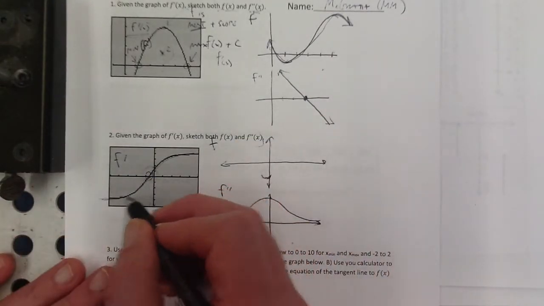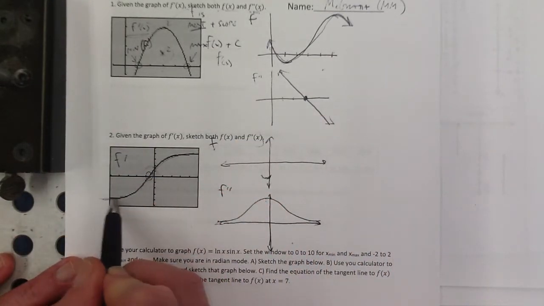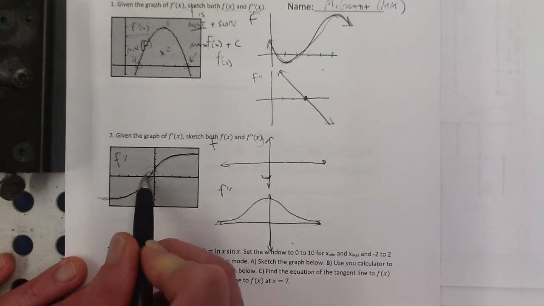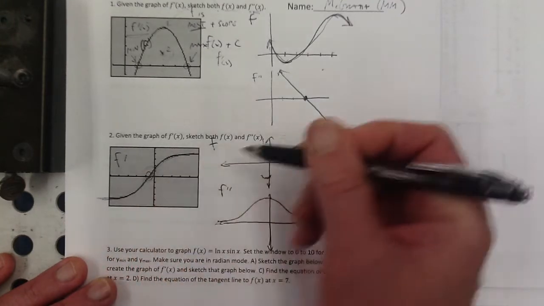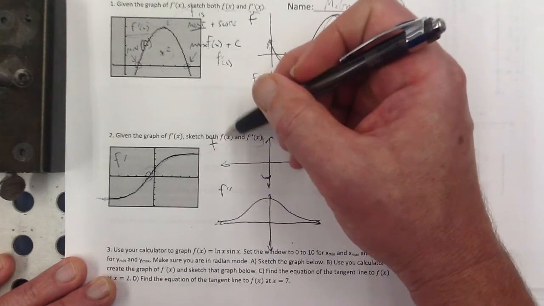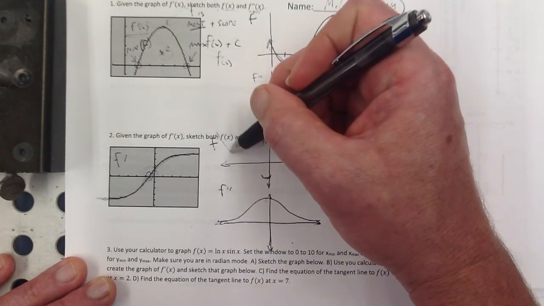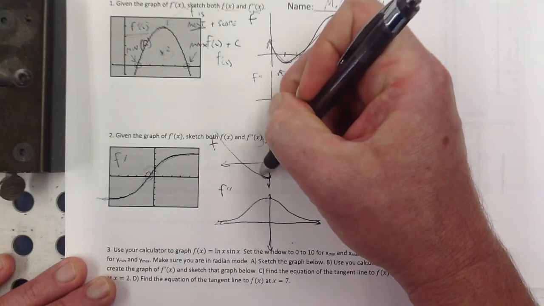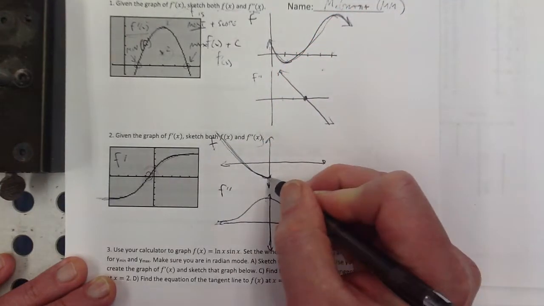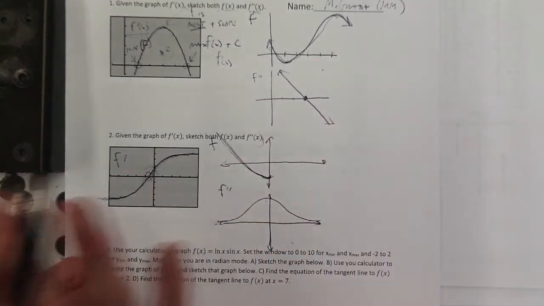And then here, the slopes look fairly constant and negative, and then it starts to get less steep as it gets to this. So I have negative slopes coming into this, and then curving like this, something like that. If you're thinking, oh, it's just a parabola, no, it is not a parabola.